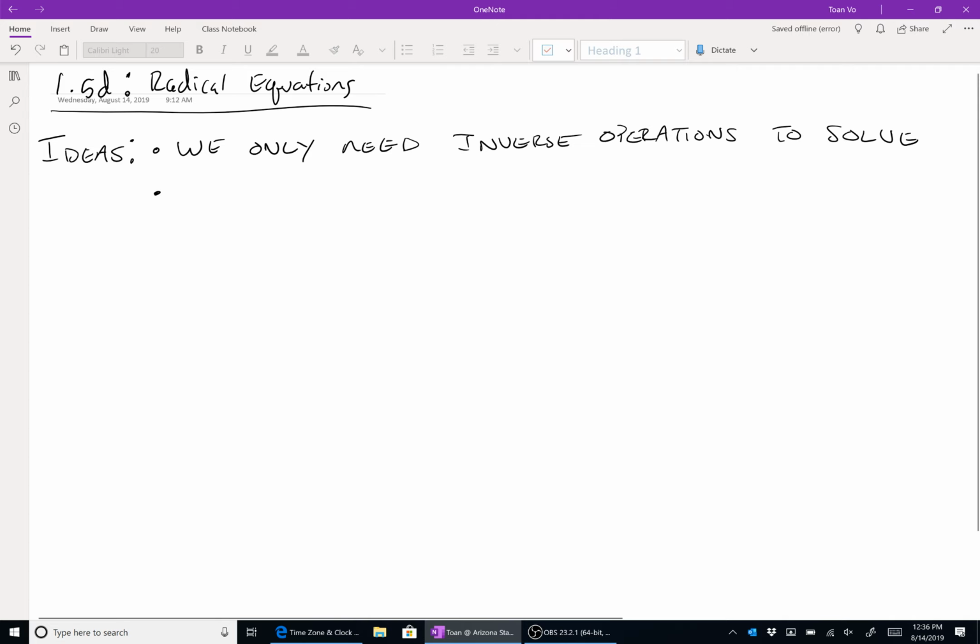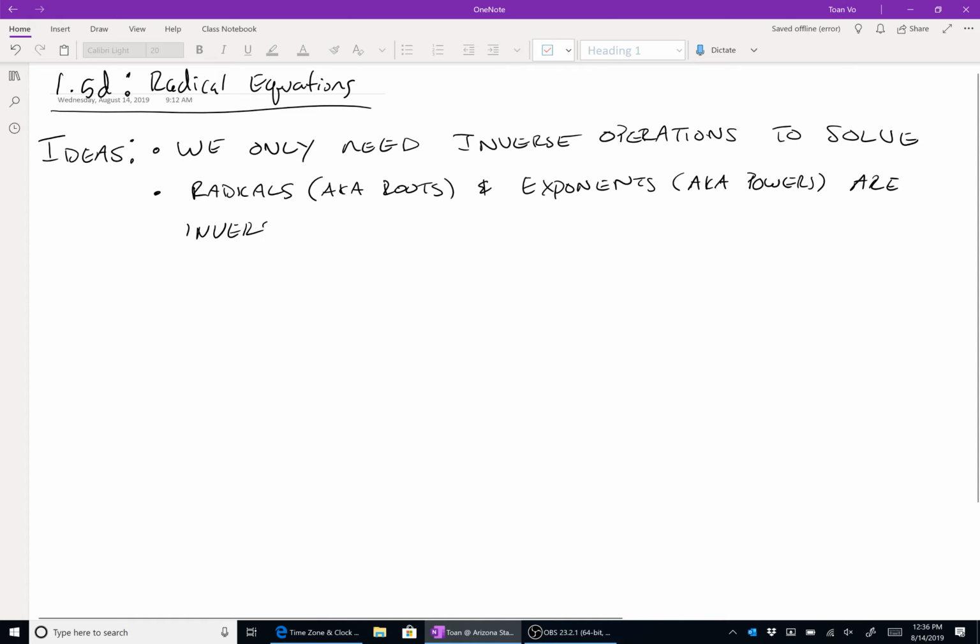We need to know that radicals, aka roots, like square roots, cube roots, fourth roots, and exponents, aka powers, an exponent of 2, an exponent of 3, squaring, cubing, that sort of stuff, are inverses. Those two ideas basically tell you what to do.